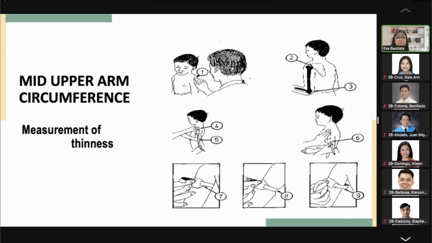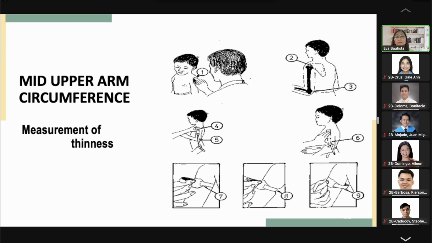Now, mid-upper arm circumference, or MUAC, is a measurement of thinness. We usually do this in settings where there is no weight scale and height scale, and the only thing there is a tape measure. So we remove the clothing of the child.